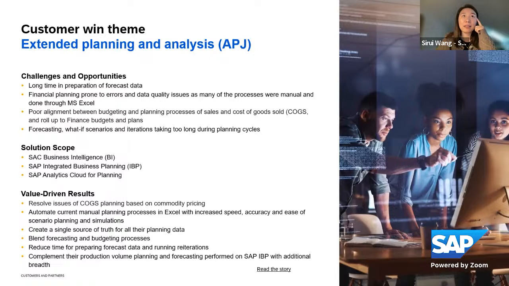And this is done by integrated business planning, because IBP can do to some extent financial planning, but it's not as comprehensive as the capabilities that can be offered by SAC. So here, this use case is really blending SAP Analytics Cloud planning and IBP to bring the data together from different systems, so the customer can really leverage this great overview and high quality data to help them make better decisions.